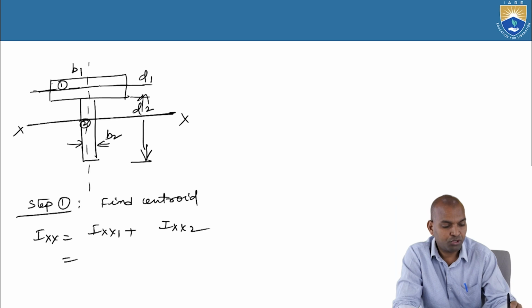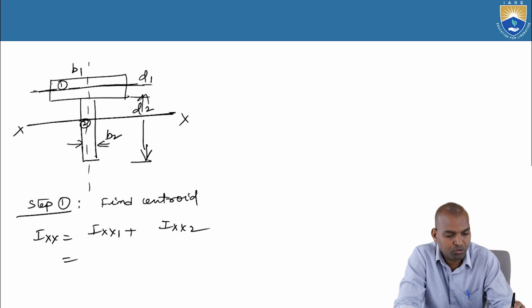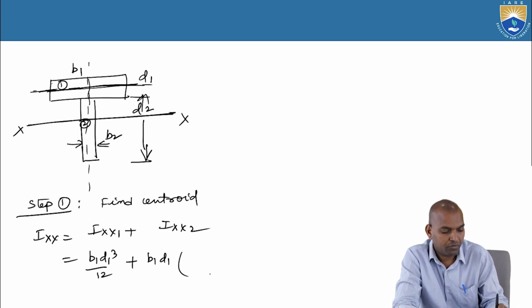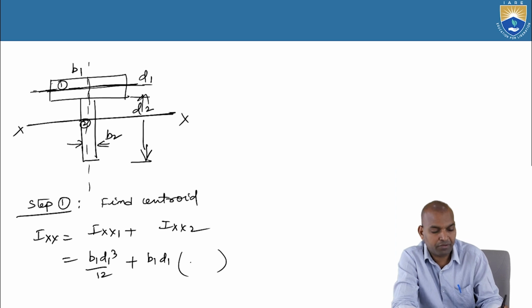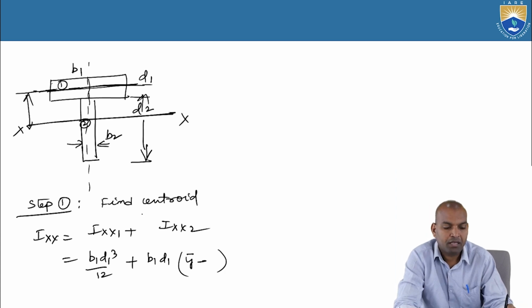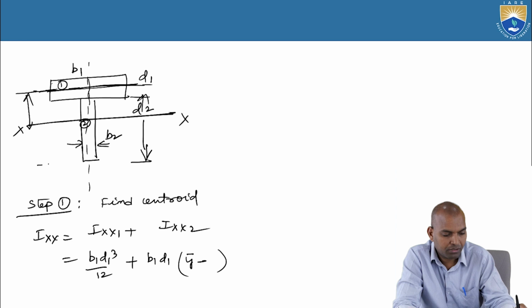Ixx1 means parallel to the individual centroid, parallel to the x-axis: b1 d1 cube by 12. I'm talking about the Ixx1 part. Next, area 1, b1 d1, times the distance squared. What is that distance? It is y bar minus the distance of the individual centroid.